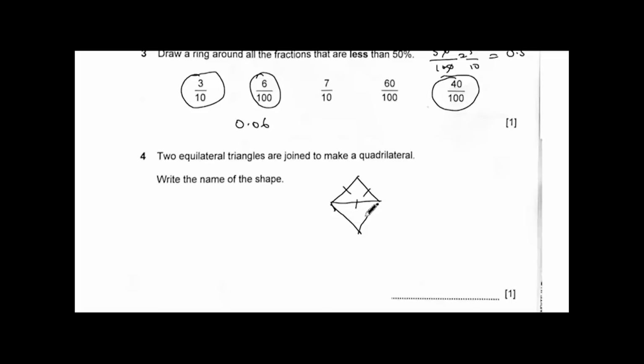That means this side will be equal to this side. So the shape that is going to form is what? It is a rhombus, because all the four sides are equal.